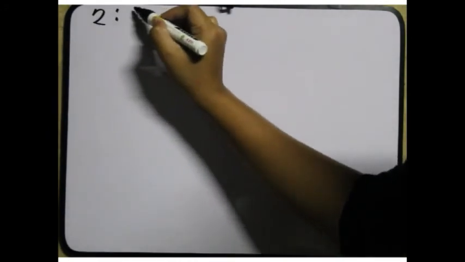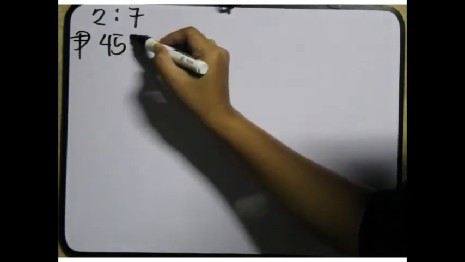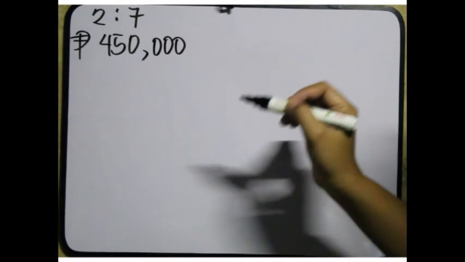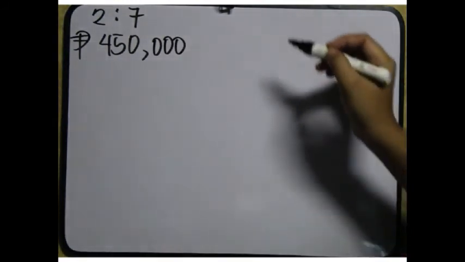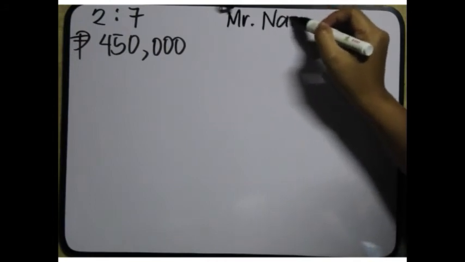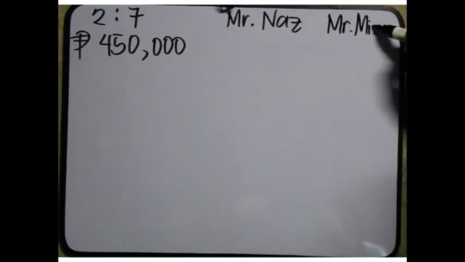So our ratio is 2:7 for Mr. Nas and Mr. Miranda. And then their profit is 450,000. Now, how much will Mr. Nas get? And Mr. Miranda.